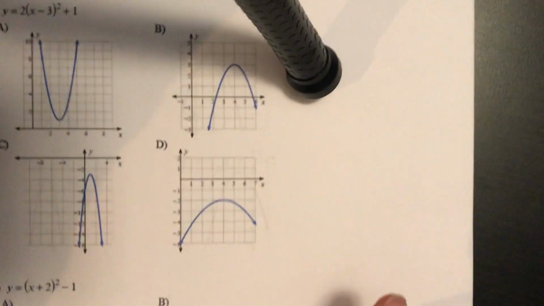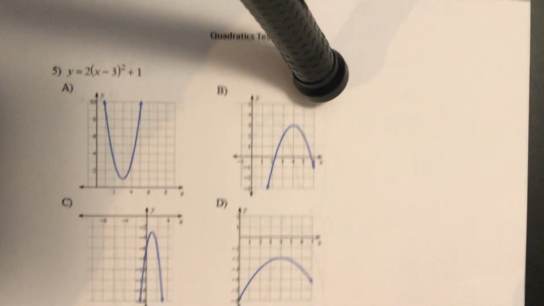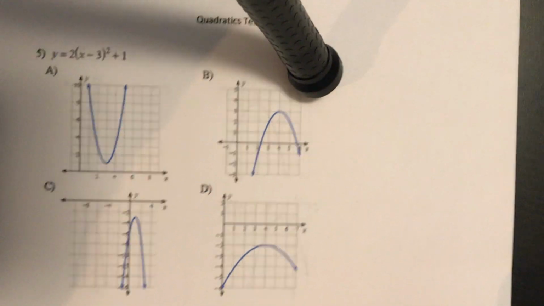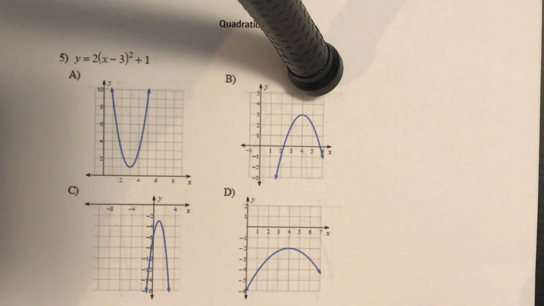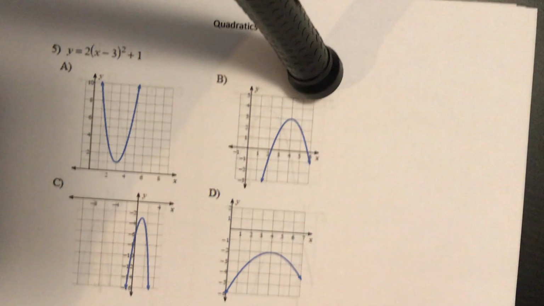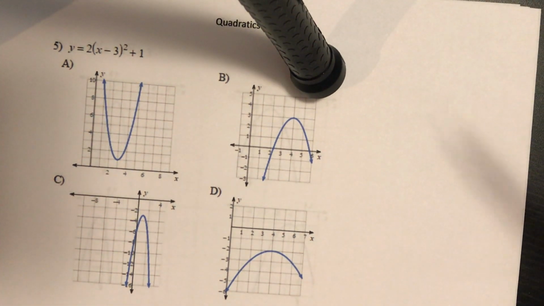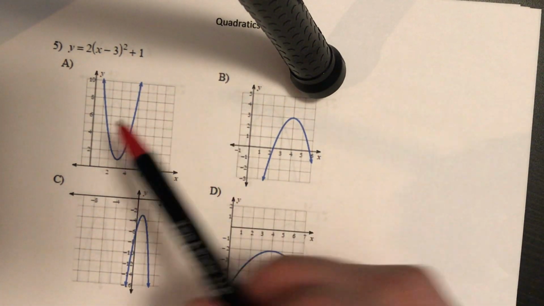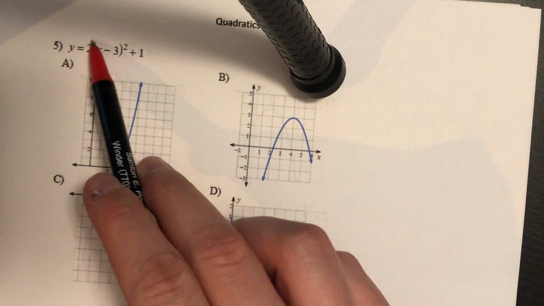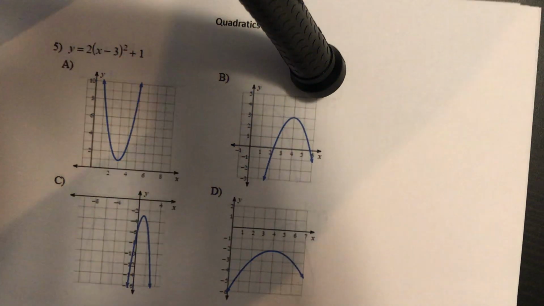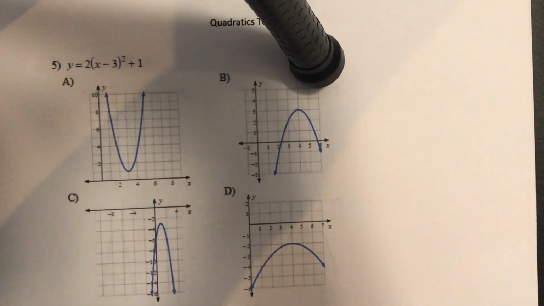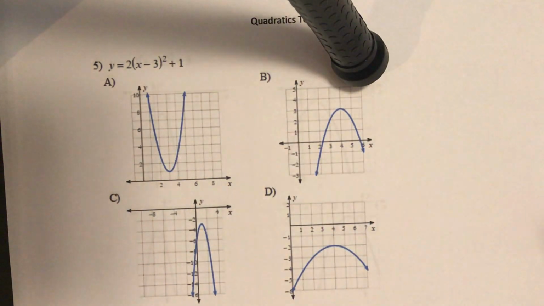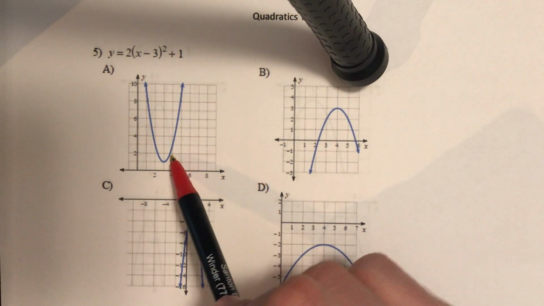These should be a little easier to do. Why? Look at what form they're in. Yay, vertex form. So we can know the vertex immediately. Again, we want to see which ones we can eliminate. Since this is a positive value out here, where I don't have a -2, it's a +2, I know my graph's got to open up.